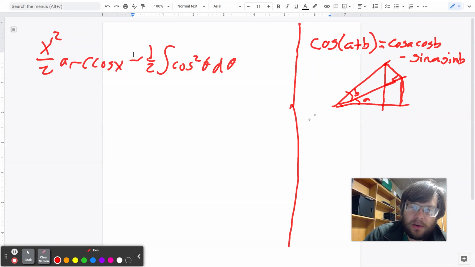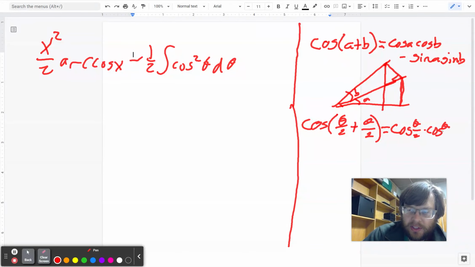So then what I know is that cosine of half of an angle plus itself is equal to then cosine of half of an angle cosine half of an angle minus sine of half of an angle sine of half of an angle.